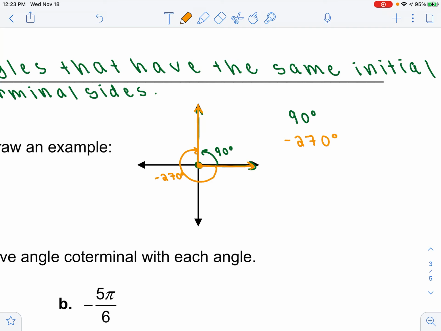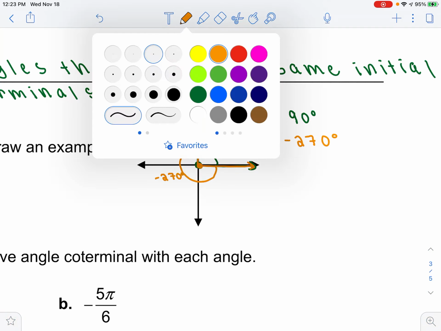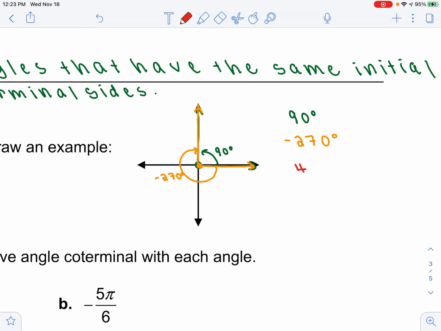So keep in mind, I can also give you an angle measurement that's over 360. And I can give you a measurement of, what is that? 450, I believe. Let me see, 450. So if you were to graph 450, keep in mind, you would start at your initial side. You would go around one full time to represent 360.